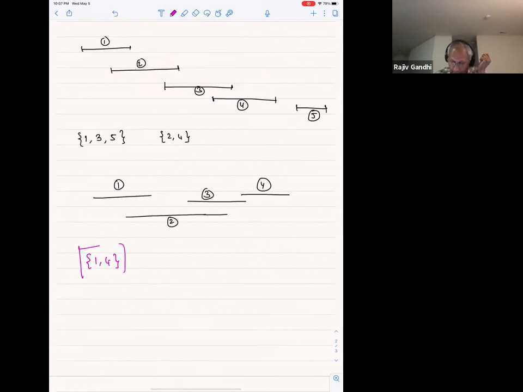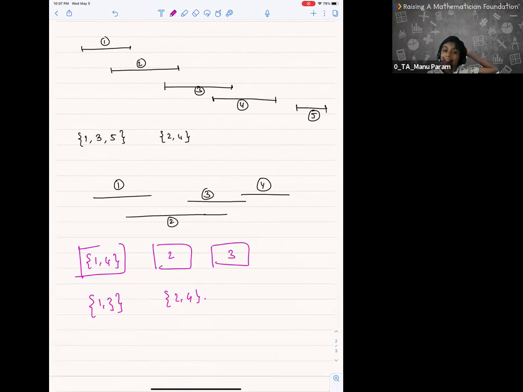Then in the next room we are forced to pick 2, and in the third room we are forced to pick 3, whereas the optimal solution will say, I will pick 1 and 3 in one room and 2 and 4 in the other room. So Siddharth, it doesn't work. Your algorithm doesn't work. He's telling me you executed it wrong.